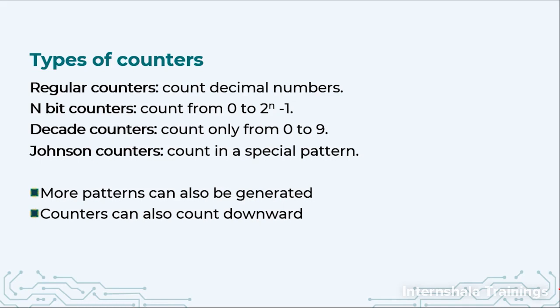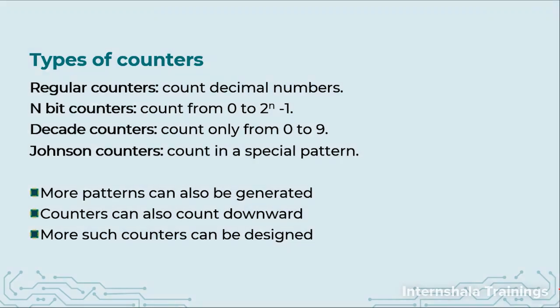That means not going from 0 to 9 but coming from 9 to 0. So this way also the counters can be designed. So it is all up to the designer how they count the events. They can count by skipping some numbers also. Everything is possible. We just need to have the specification, solve the truth table, design the finite state machine, and our counter will be ready.